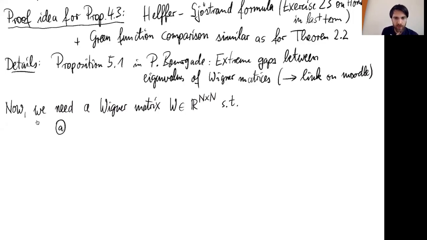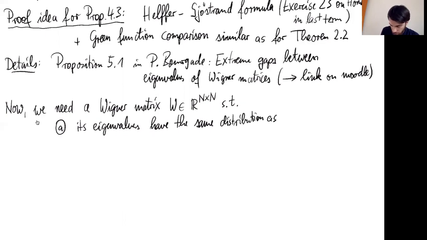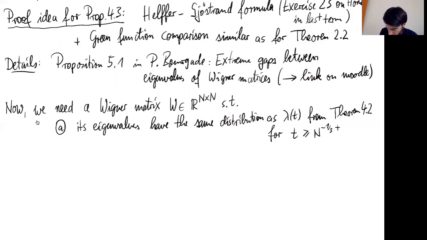First of all, we need that its eigenvalues have the same distribution as lambda t from theorem 4.2, at least for some t, maybe like this with the 2 epsilon. That's what we had before.